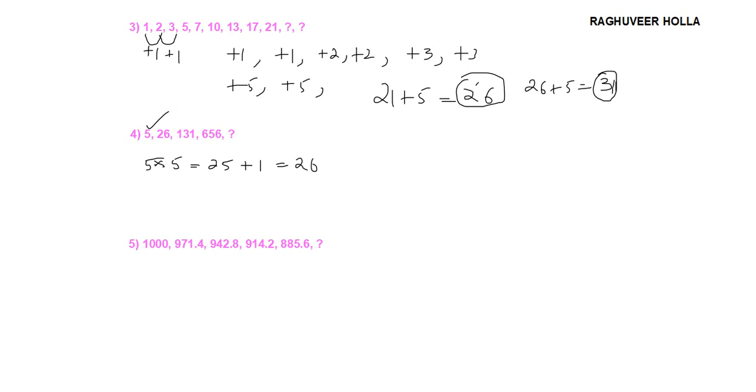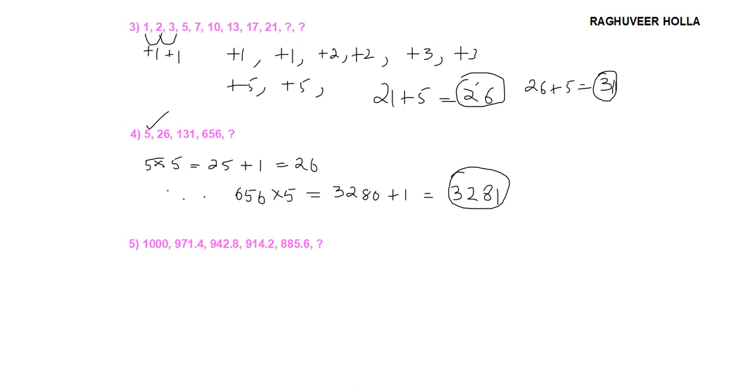Okay, and so on. If I move on, if I multiply 5 here, 656, I get 3280. So I have to add 1 to this, so 3281. So this is the solution for this, right?